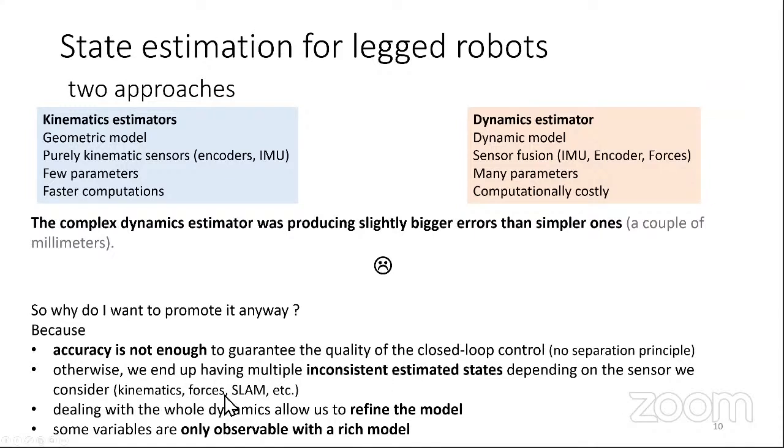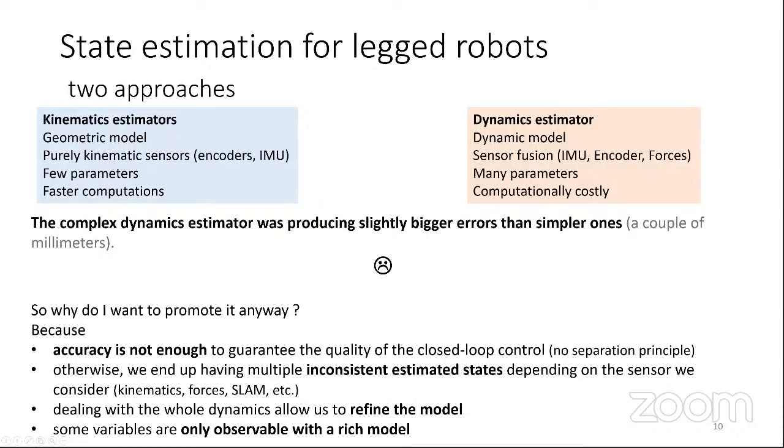Sometimes the kinematics corrects for SLAM, but I haven't seen many times SLAM correcting the kinematics. I think that's weird, because we have just one single system, so we should have one single state. That means we have to refine the model and be able to rebuild the same state, given all the measurements that we have.